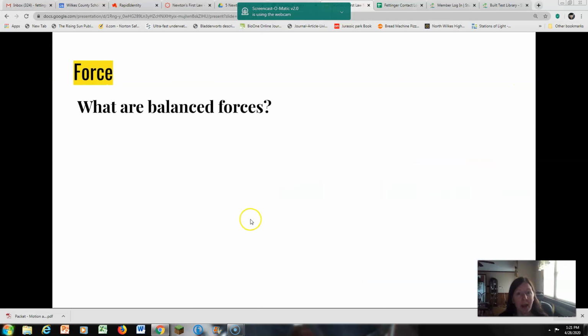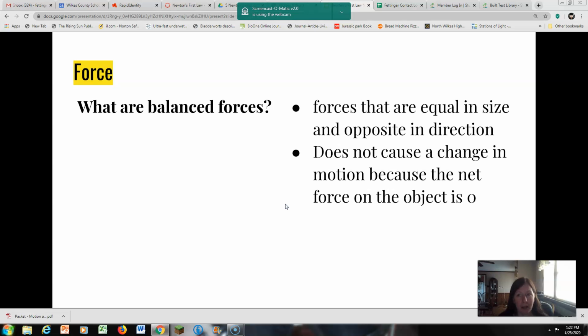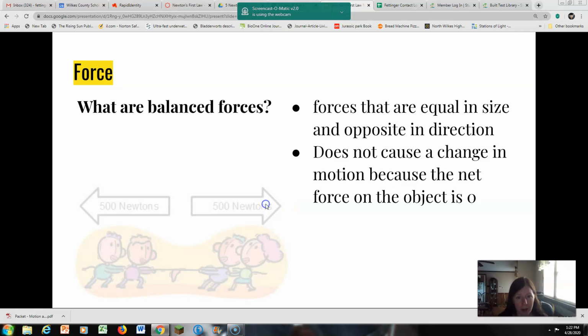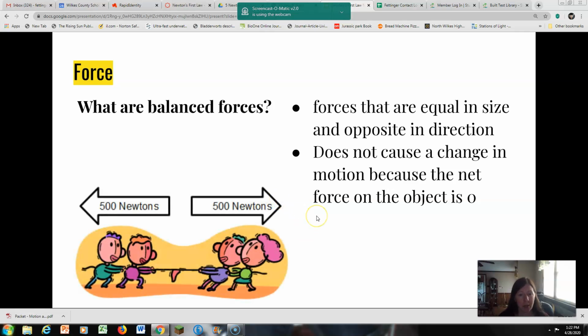All right, so we have 2 ways that we classify forces, often as balanced or unbalanced force. And when we look at a balanced force, you're not going to have any change in motion because the forces are equal and opposite in direction. So here's an example below. I have some people who are playing tug of war.